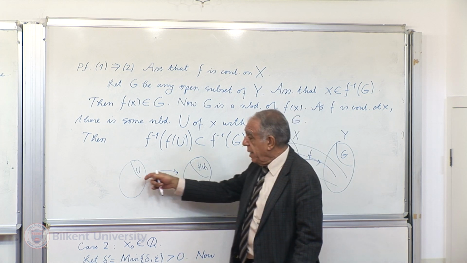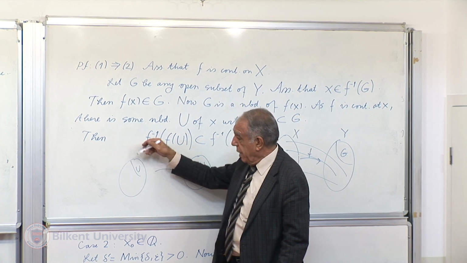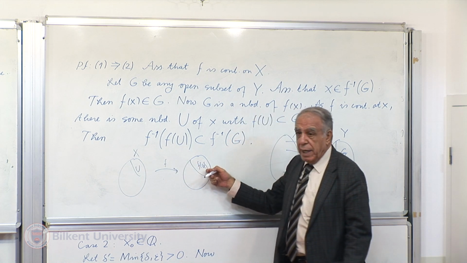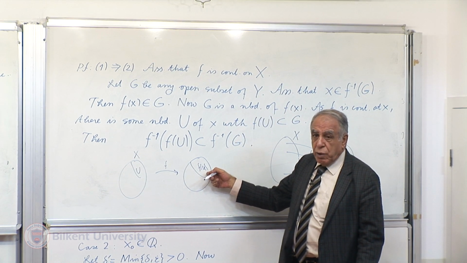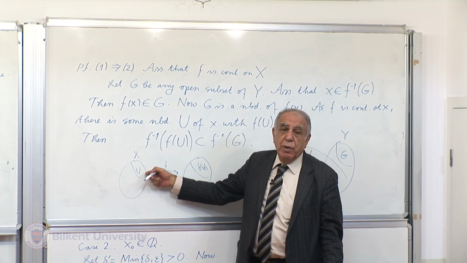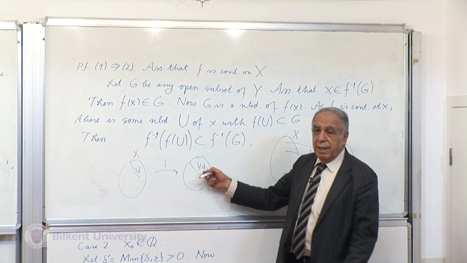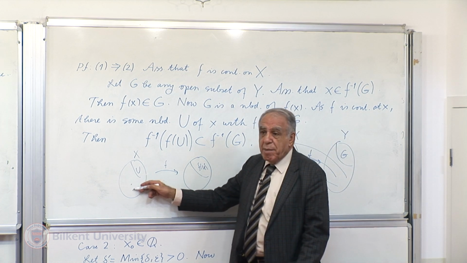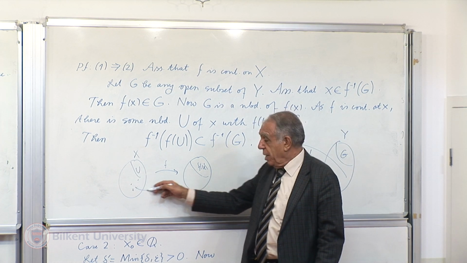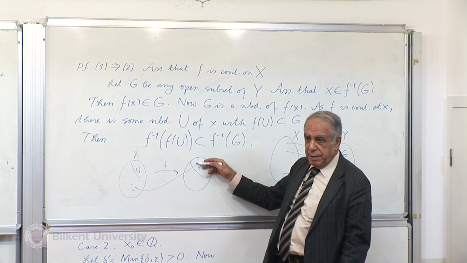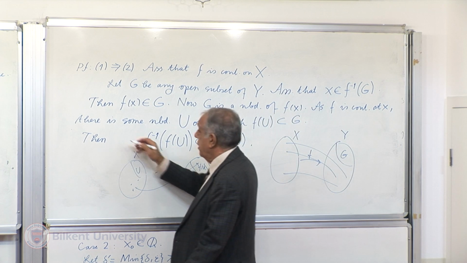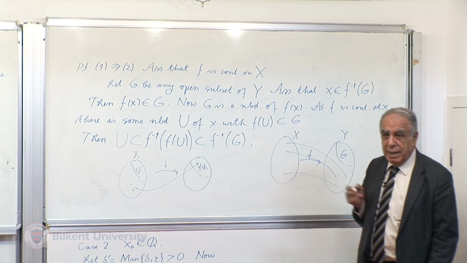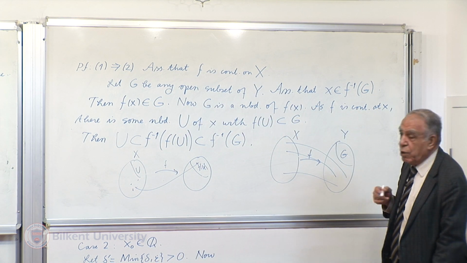But if I consider all points in capital X such that their image falls into f of U, surely any point in U will be sent to some point in f of U, but there might be other points as well which are sent to here. So what we know is that U is contained in here. But that's also what we need.